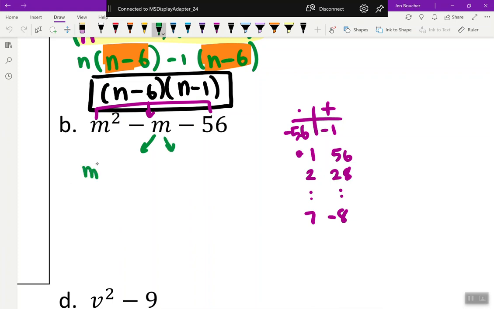So I've got m squared just comes down, and then each of these needs an m, plus 7m minus 8m minus 56. And once you have it in 4 terms, what do you do? Group it.